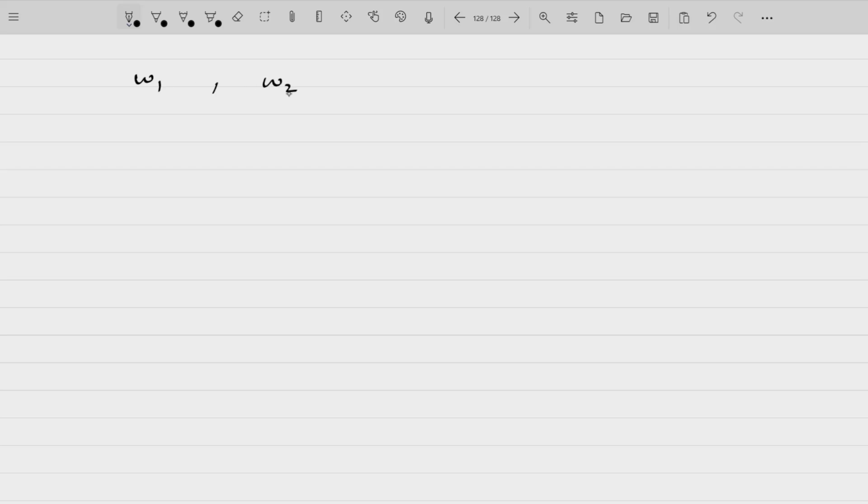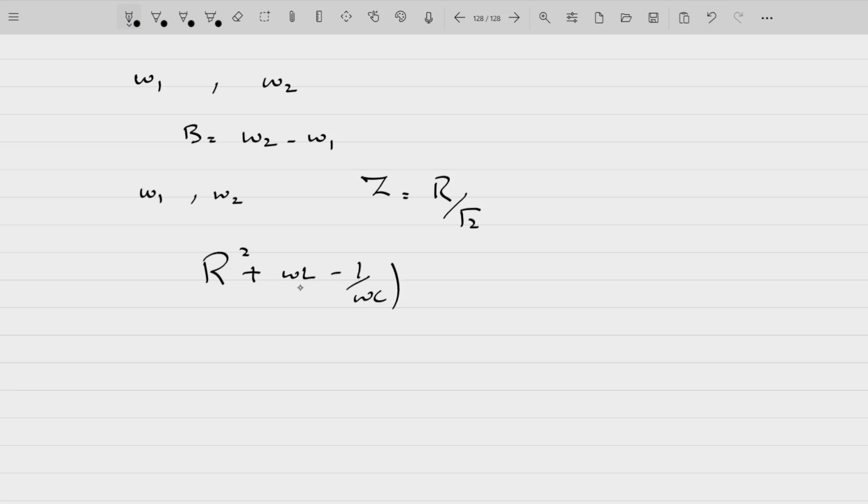Omega 1 और omega 2 का क्या value है? Then you can only say what is the value of omega 2 minus omega 1. So how to find out omega 1 and omega 2? Omega 1 and omega 2 you can find out by substituting Z equal to R times root 2. So magnitude of Z you already know is equal to square root of R square plus (omega L minus 1 by omega C) square, equal to R under root of 2.